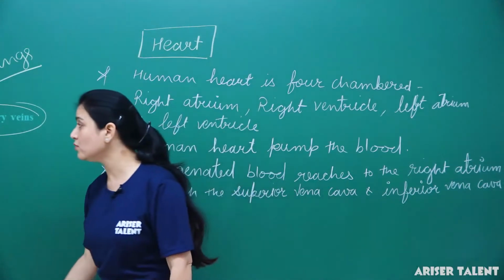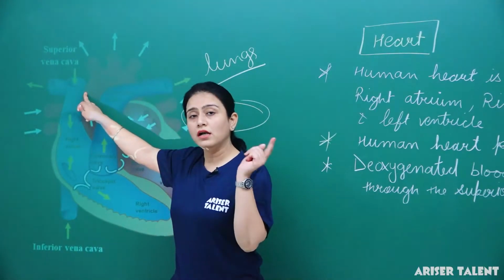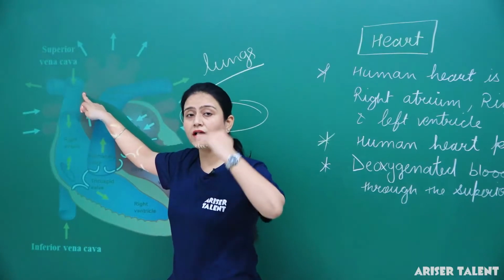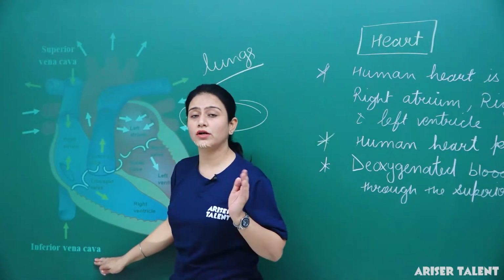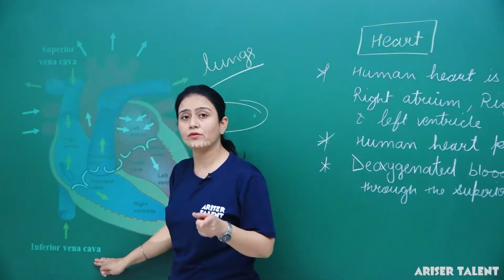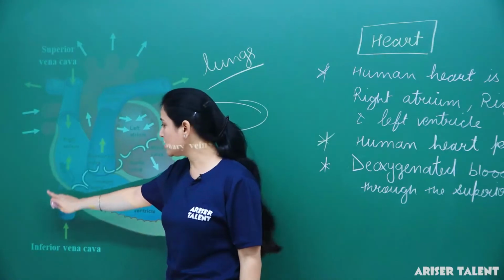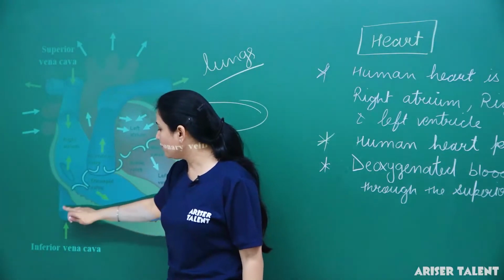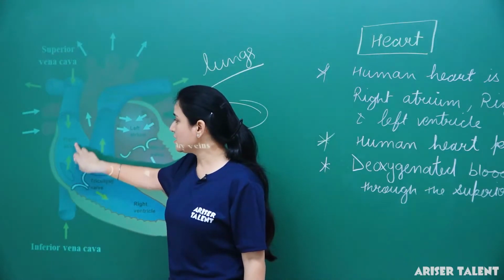So come to the diagram once again. I told you that the superior vena cava brings the deoxygenated blood from the upper part of the body, and the inferior vena cava carries the deoxygenated blood from the lower part of the body to the right atrium, because here we can see that the inferior vena cava and superior vena cava both open in the right atrium.